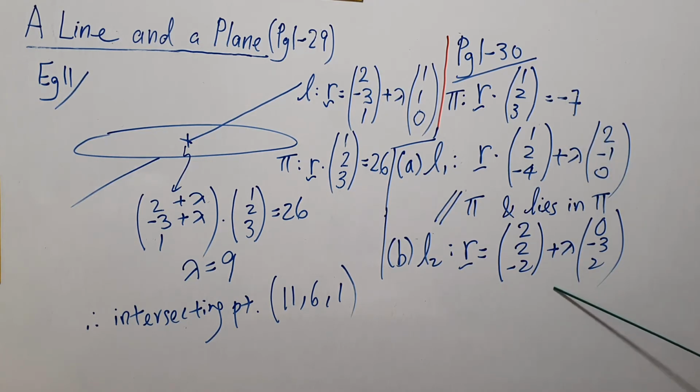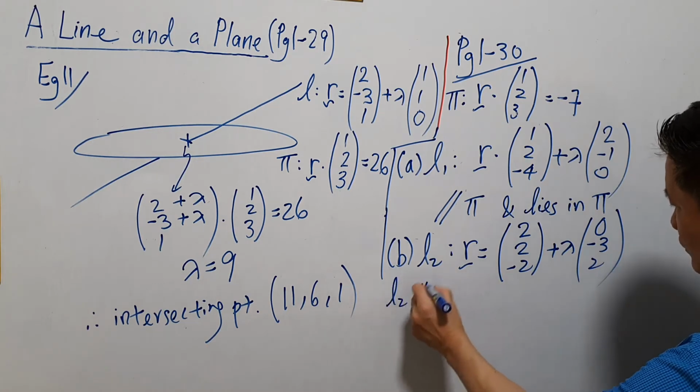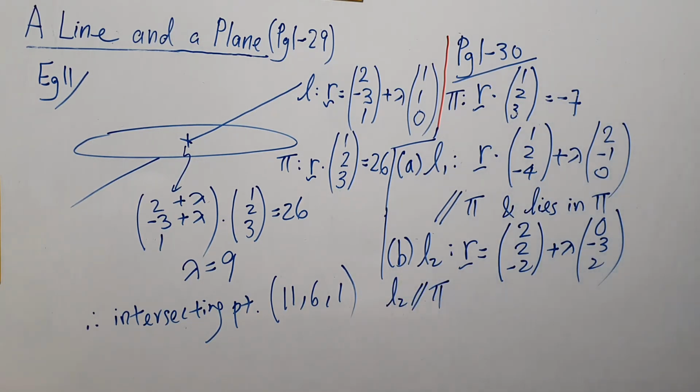So there again, you want to ask what is the relationship between this plane pi and this L2? Let's check. Are they parallel? Take this vector, dot with this, you get 0, right? You do the dot product mentally. So therefore, this L2 is parallel to pi. The next thing we check is, is this point on this plane?